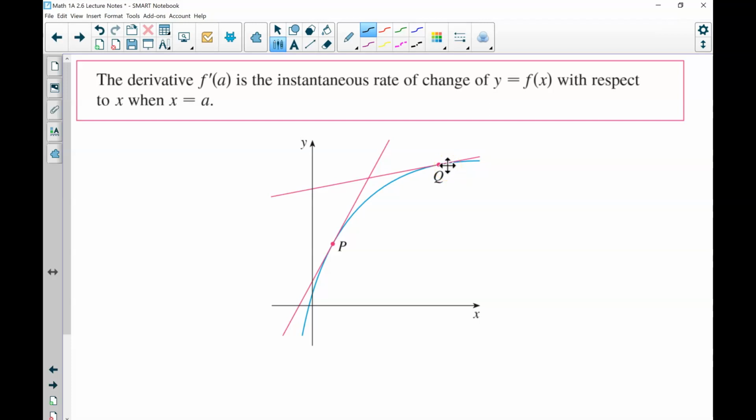So again, at the point P, the curve is steep, and because it is steep, the y values change rapidly.